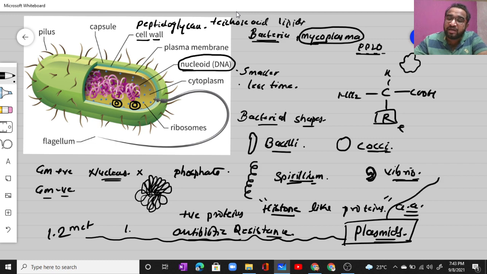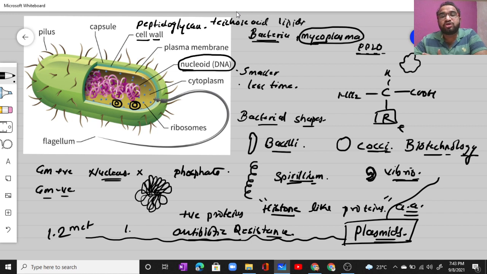Plasmids are also widely used in the field of biotechnology. There is a whole chapter on biotechnology in the second year, in 12th standard, on the use of plasmids. What we have to remember is that plasmids are used so that a different type of gene can be inserted into the plasmid, and this plasmid is then inserted into a bacterial cell. When the bacterial cell multiplies, the plasmid also multiplies, and the plasmid has a specific gene which is required for human welfare to obtain a specific protein.